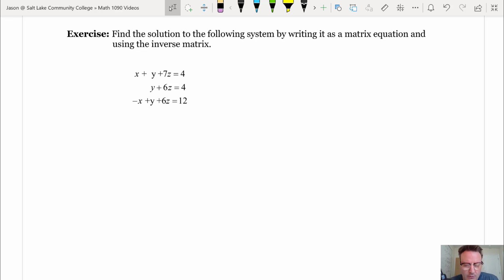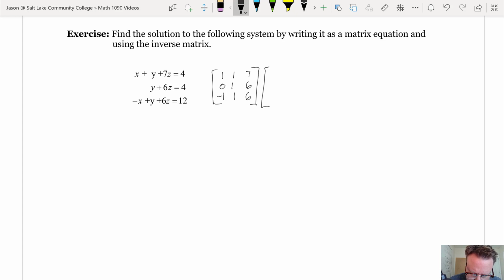To get a matrix equation, we want to get the coefficient matrix and multiply it by the variable vector, and set that equal to the constant vector, like this. Let's see, 1, 1, 7, 0, 1, 6, negative 1, 1, 6.